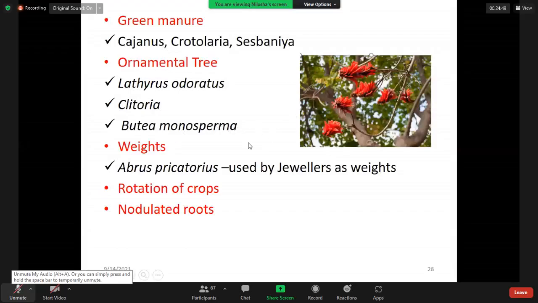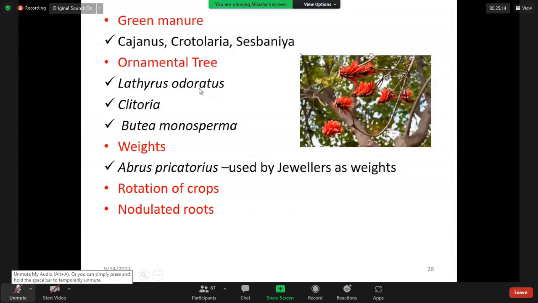This red colour flower, we can use this as an ornamental tree. Another one is Clitoria. In Sinhala we call it Nilkataradu. In a coming slide you can observe this one. It is also used as an ornamental tree.